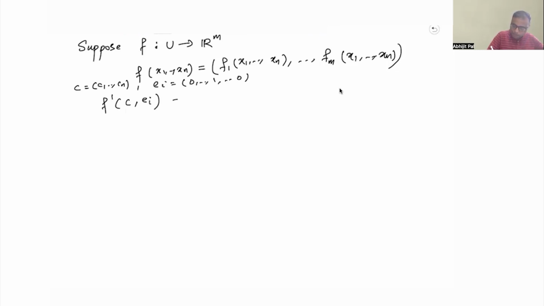So this is basically equal to the partial derivative of f with respect to x_i at the point c. So f prime (c, e_i) is this thing.